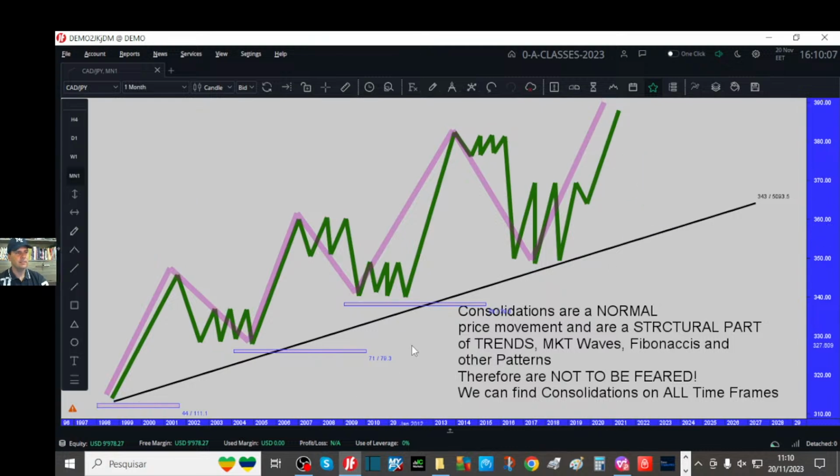See, everybody, how our brain works, we need to train and study the charts. Alright? We need to learn, everybody, to spatially see and understand consolidations as a part of the normal, natural market behavior.